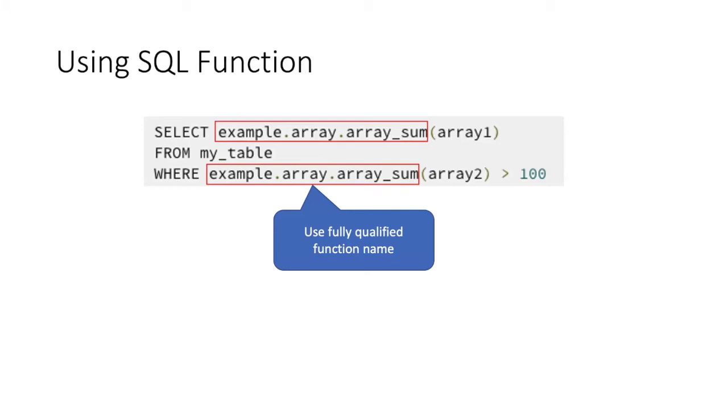But in reality, this makes things a little bit hard to manage. For example, I'm writing select array sum, which would resolve to my array sum today. And someone else introduces a new array sum function on another function namespace that has a higher priority than mine.